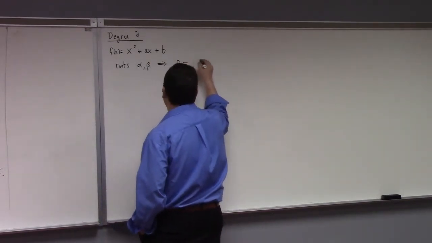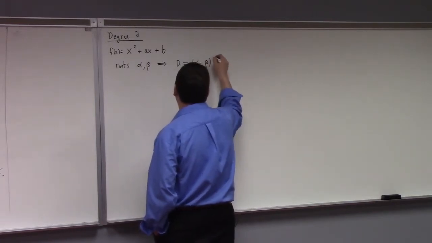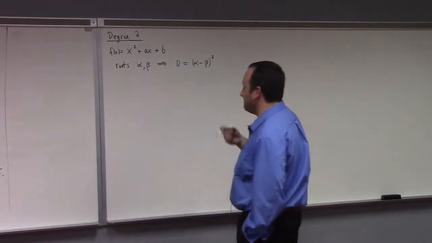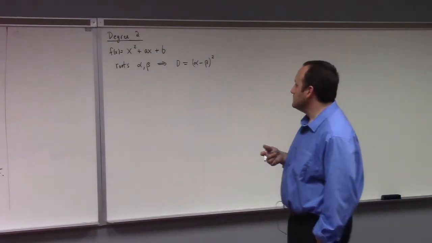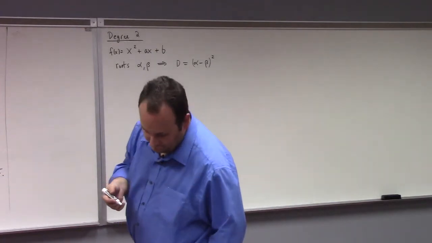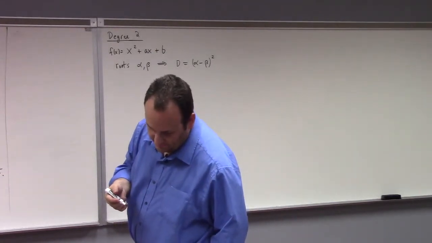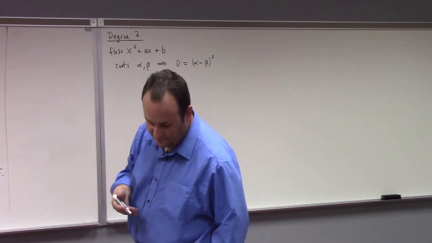The discriminant would be, well, there's just alpha and beta, right? So it's alpha minus beta, squared. And so then what? He says this can be written as a polynomial in the elementary symmetric functions of the roots.